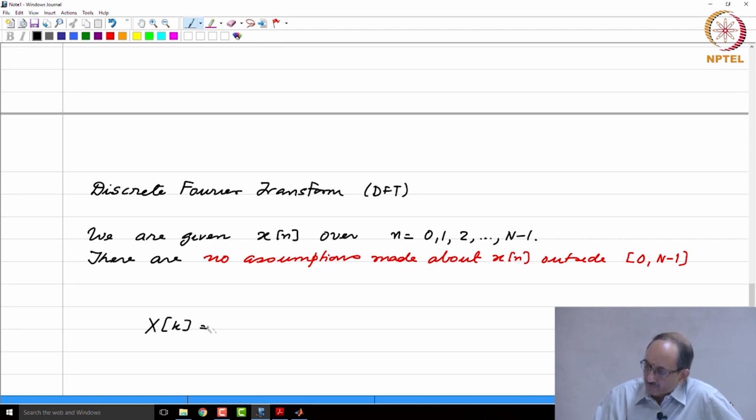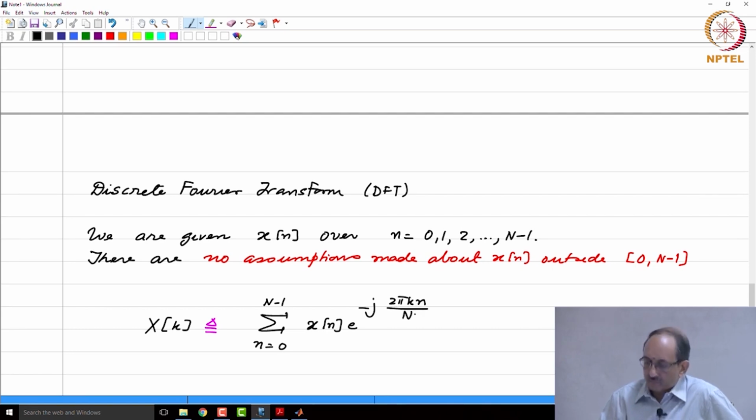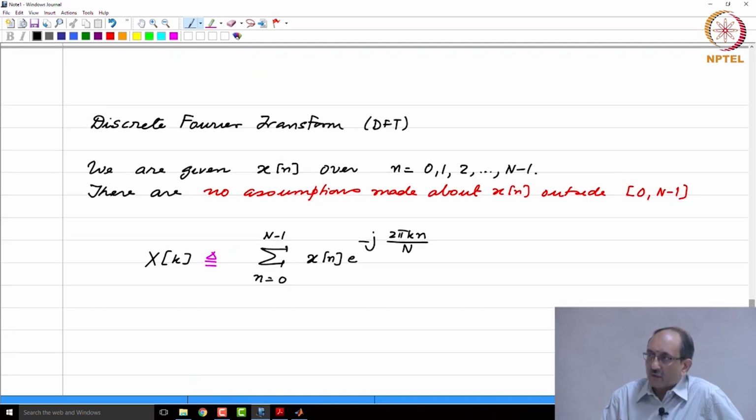So X of k is defined like this: sum over n going from 0 to capital N minus 1, x of n e to the minus j 2 pi k n by capital N. This is the definition.